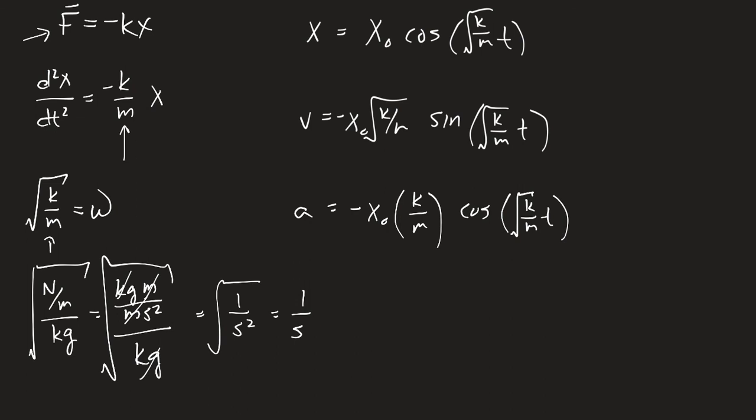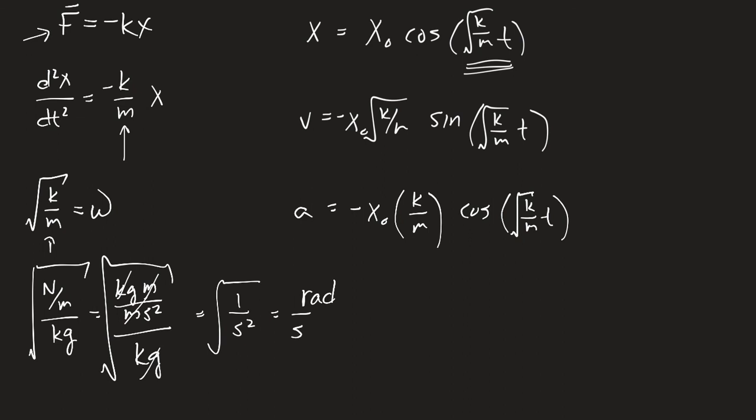If units cancel out, what unit are we likely to be in? Not hertz. This is a radian. There's a reason why it has to be radians and not hertz specifically. This is why I want to bring this up. Inside here, you can only take the cosine or sine of an angle measurement.